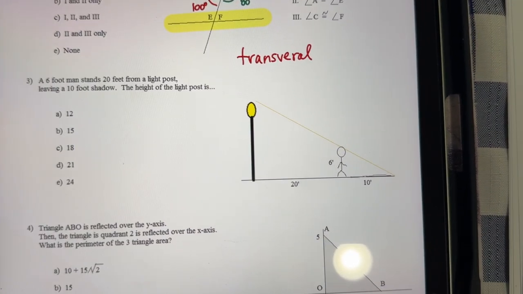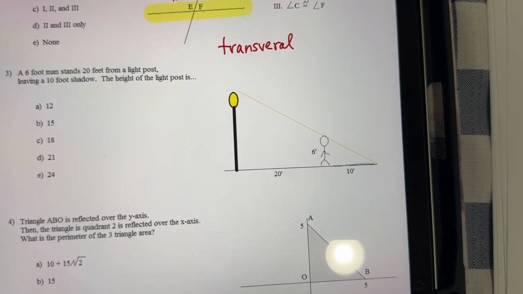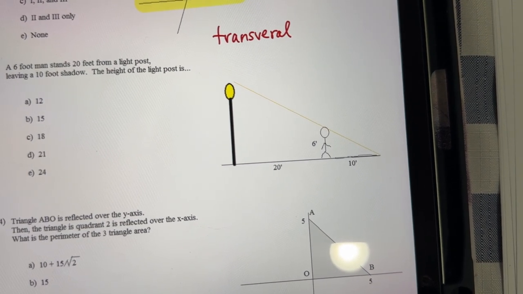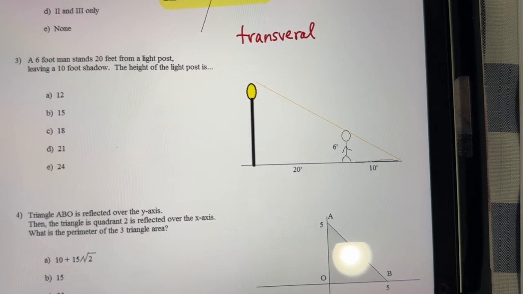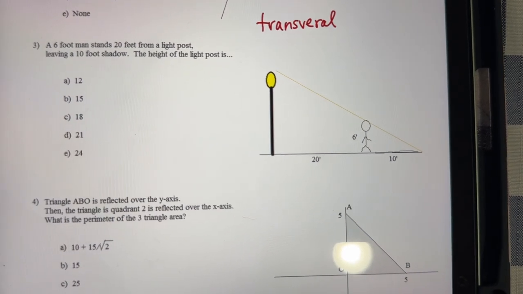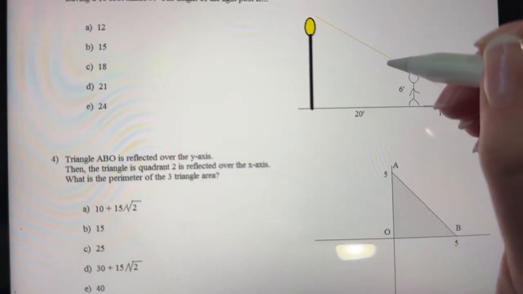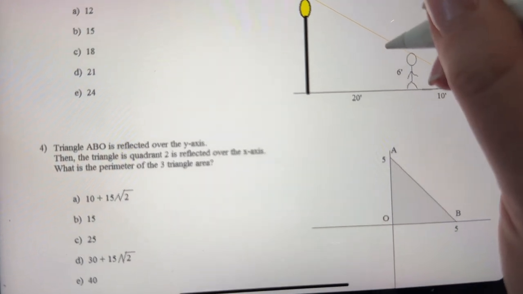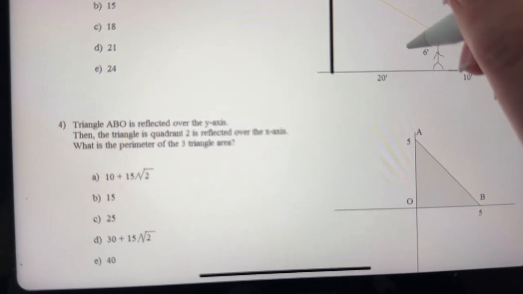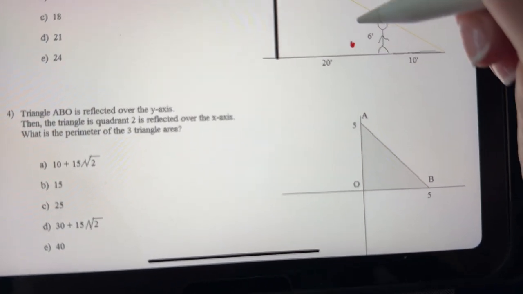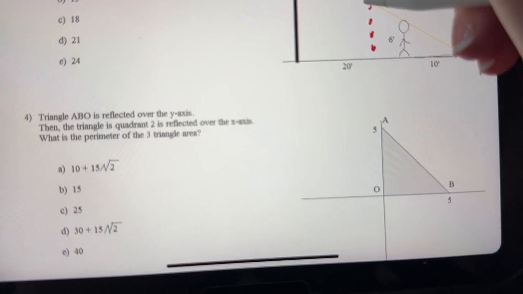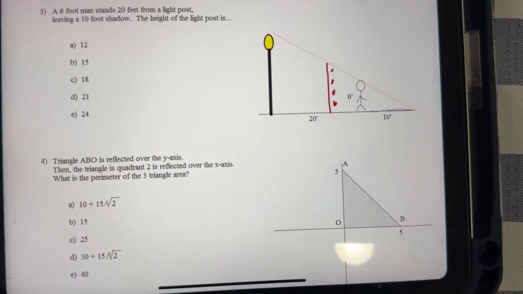So the way we're going to do this is set it up as a proportion. First, we're going to say that we have similar triangles and we're comparing them. So let's put a dotted line here. Now we can separate this as two distinct triangles.